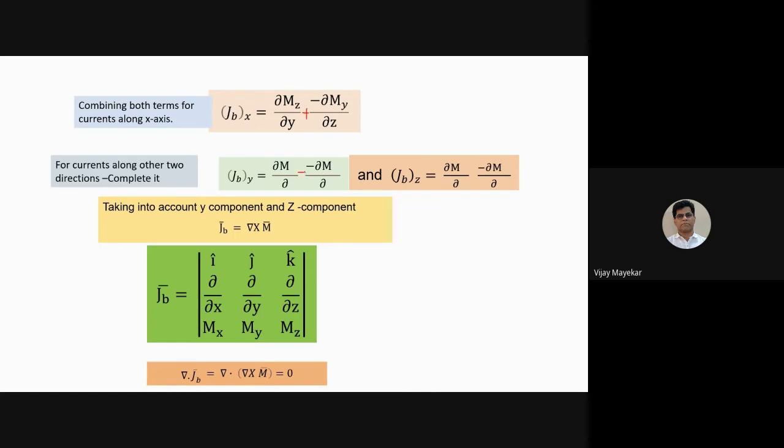Now the lower expressions are for the JBY and JBZ. So that is your homework. Please check it out here, for currents along the other two directions. Okay, let me complete this. Then I'll give you 5 minutes to complete this particular part, JBY and JBZ.